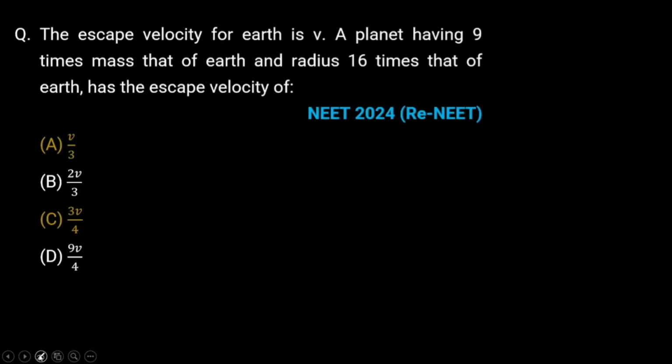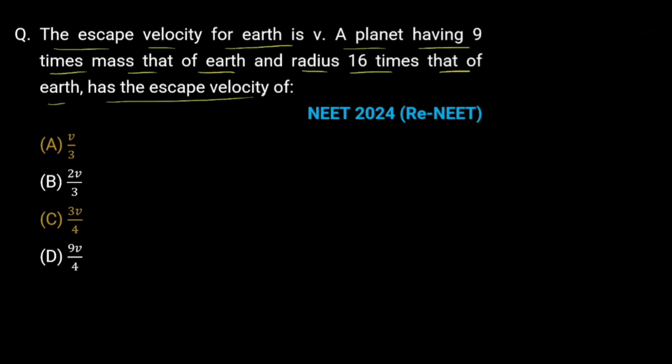Look at the very first question. The escape velocity for Earth is v. A planet having 9 times the mass of Earth and radius 16 times that of Earth has the escape velocity.